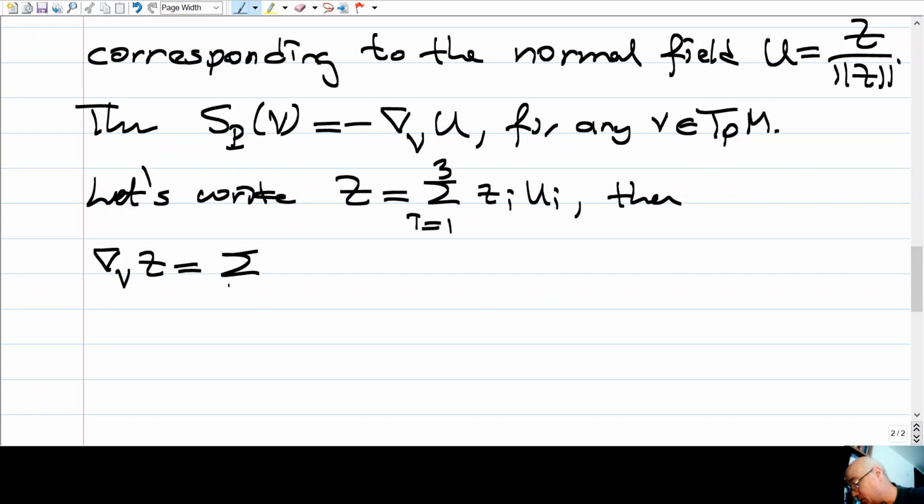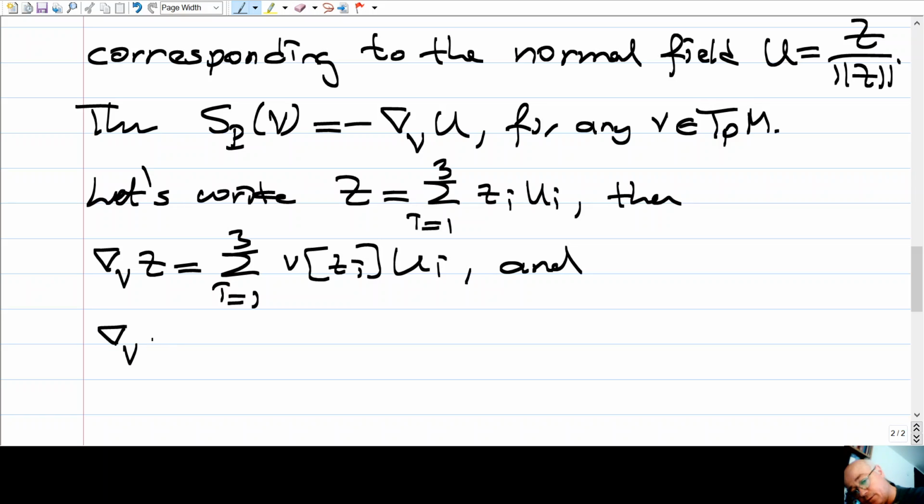We know that this is just the sum from i equals 1 to 3 of v of zi times ui, and the covariant derivative of U in v will be what? U is just Z divided by norm of Z.